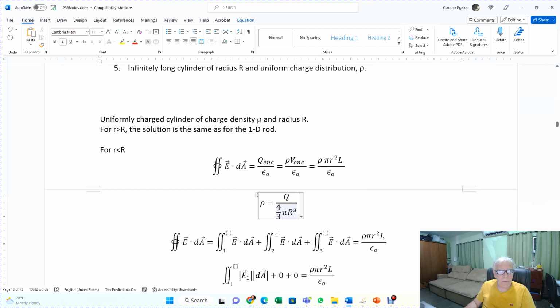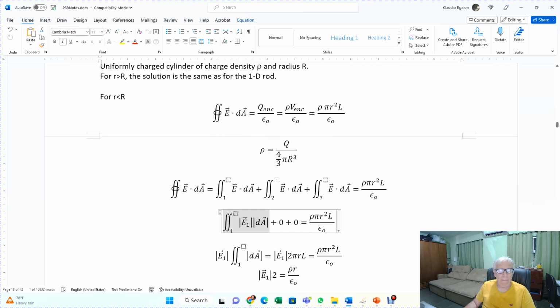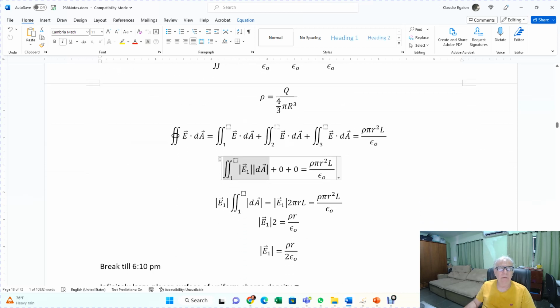Okay, so E dot dA, just like before, can be broken down into three surfaces: the side surface of the cylinder and the two caps. The flux through those caps is going to be 0 because the field has radial behavior. What we are left with is this term, which, just like before, can be taken out of the integral because the field is parallel to the vector area of the cylindrical surface.